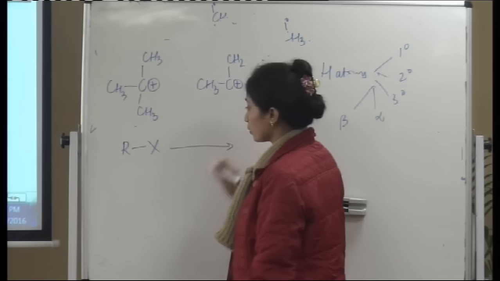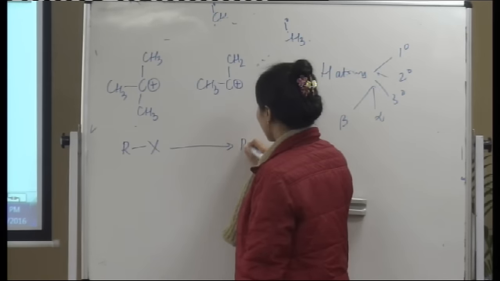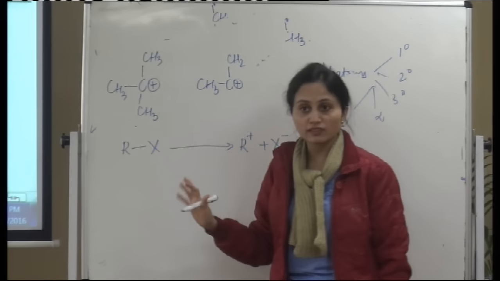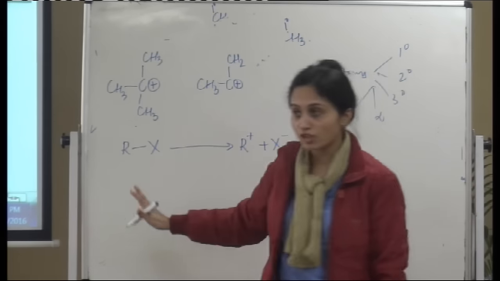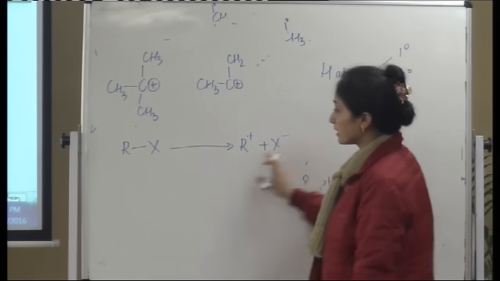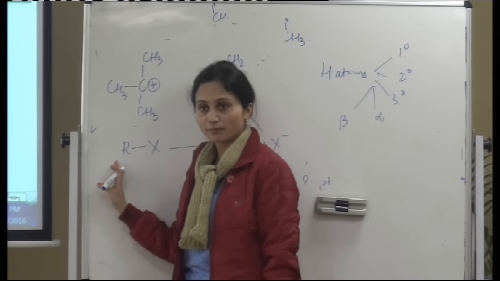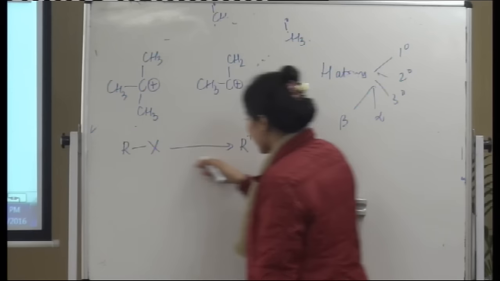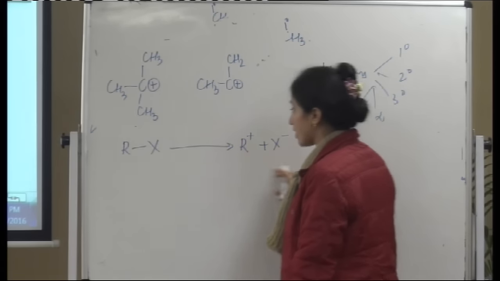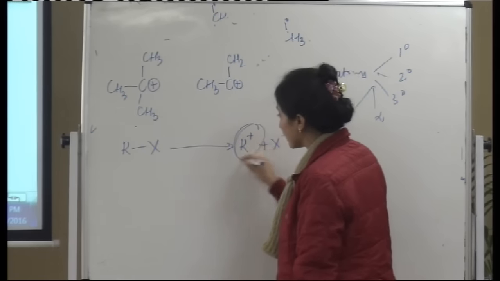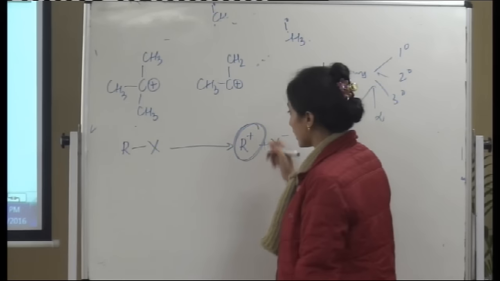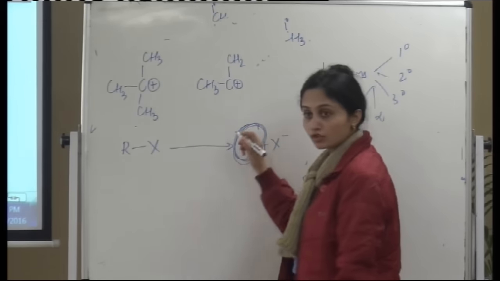Whenever you react it with something, what happens first? Your R plus X minus is generated. That depends upon whether the reaction will be SN1, SN2. We'll try and talk about it today quickly. But then what happens generally? You have an R plus and you have an X minus. Now, this reaction will be faster only when this R plus is very, very stable.